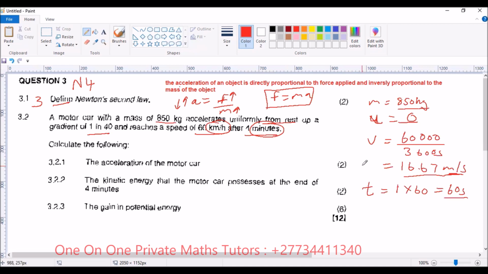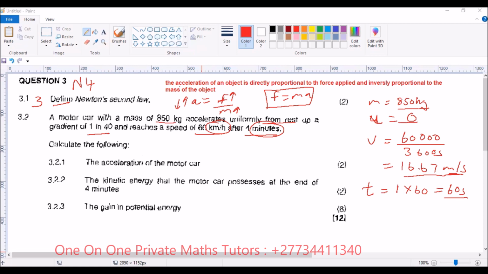They are now standardized. Calculate the following. Acceleration of the motor car. So what we should know are the equations of motion. v is equal to u plus at, s is equal to ut plus half at squared, and so forth. So we must know these.